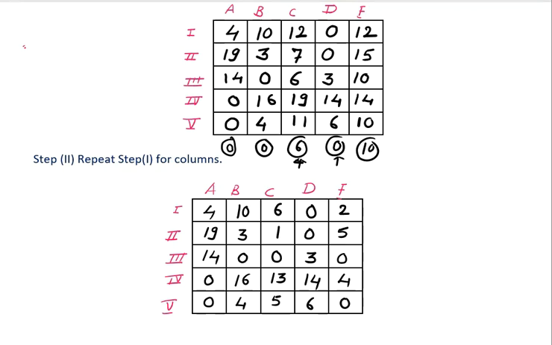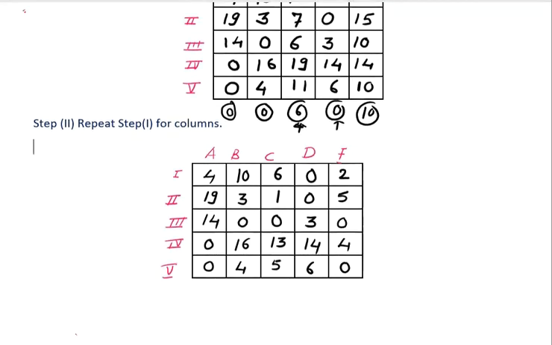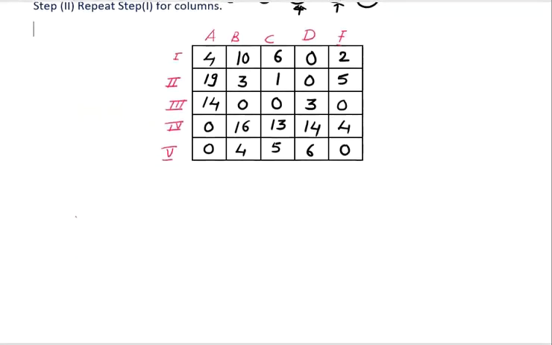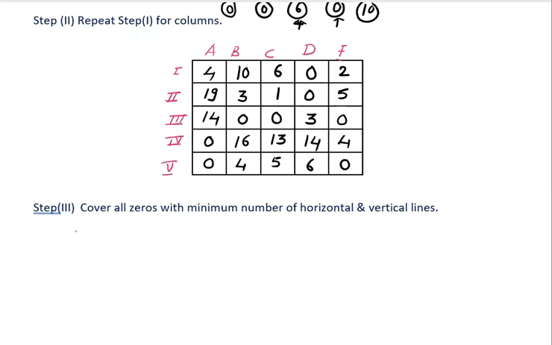Now we perform step 3. Cover all zeros with the minimum number of horizontal and vertical lines. We begin with the first row and look at the rows containing a single zero.